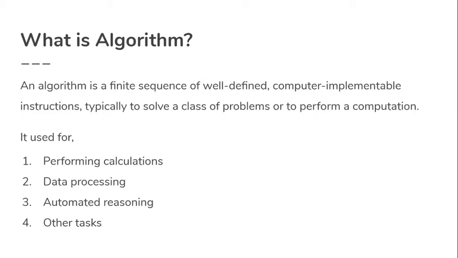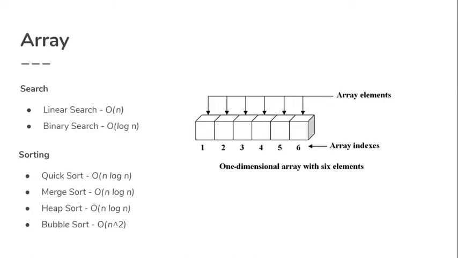When we are trying to solve a problem with any one of the data structures, we need to know the correct algorithm for the correct problem. Then we can easily solve that problem, right? So let's see what algorithms are available for each data structure.